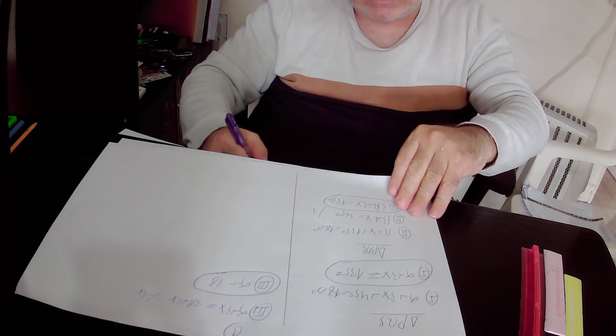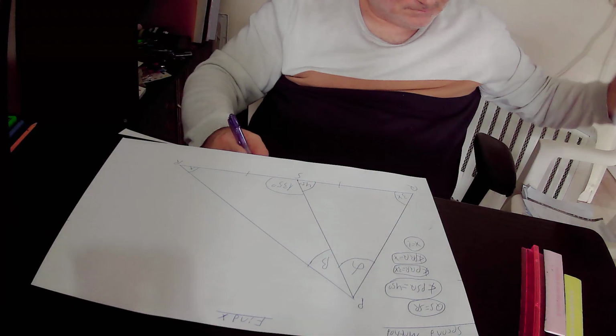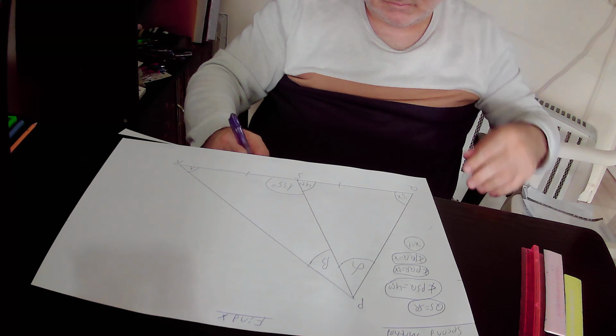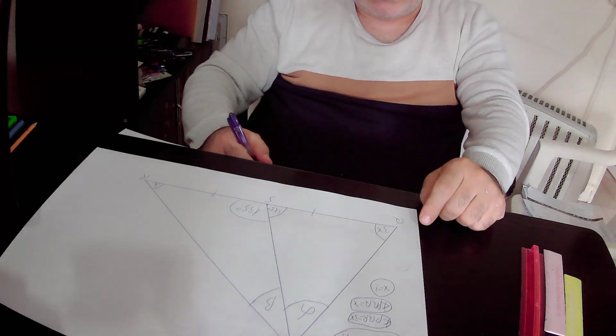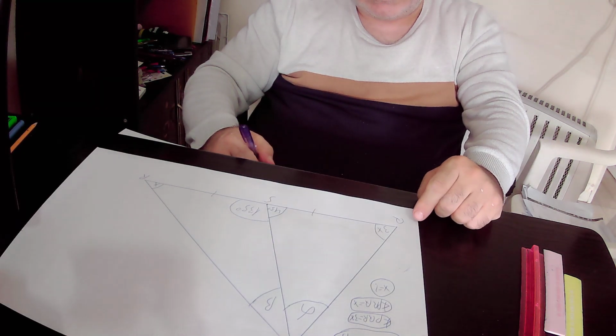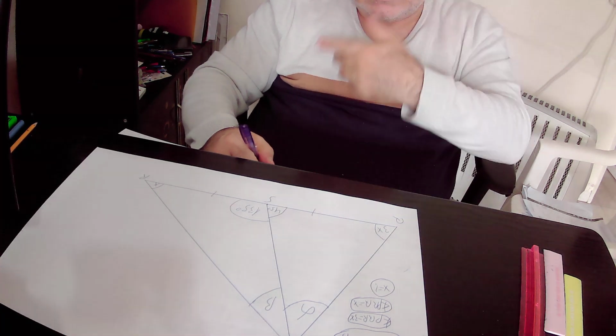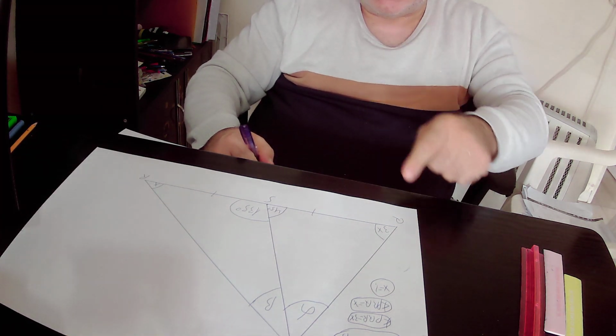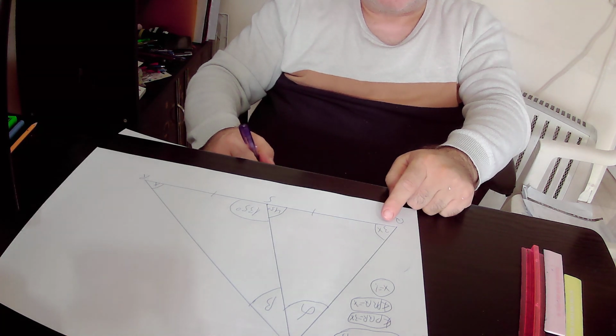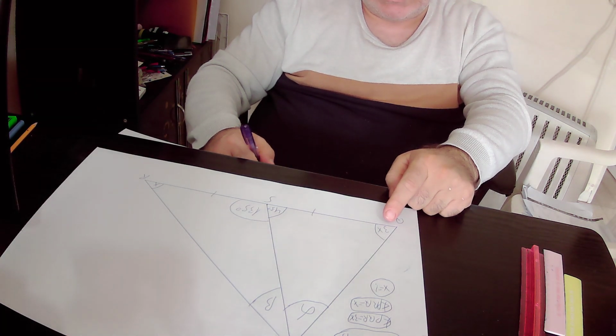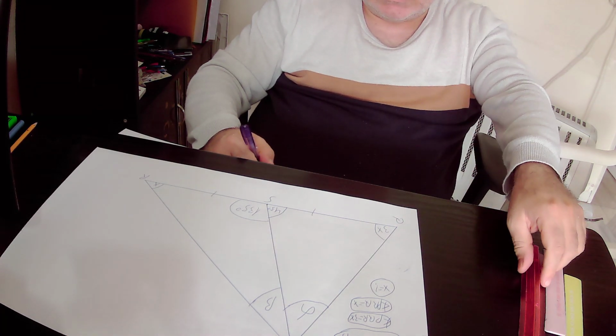So in the next step, we will draw a straight line from point Q to PR in such a way that the angle that we created equals x.